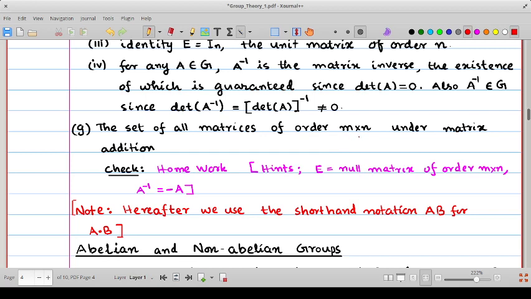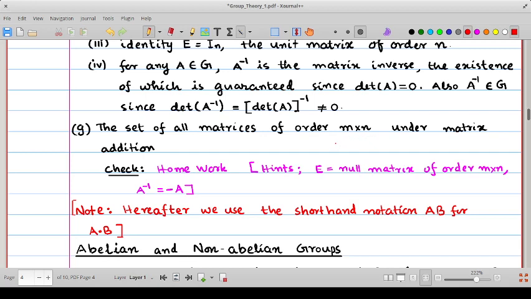Matrix addition is of course associative. Now the sum of any two m by n matrices is an m by n matrix and therefore closure is satisfied. And as I have already said, associativity is also satisfied. The identity matrix under matrix addition is the null matrix of order m by n.